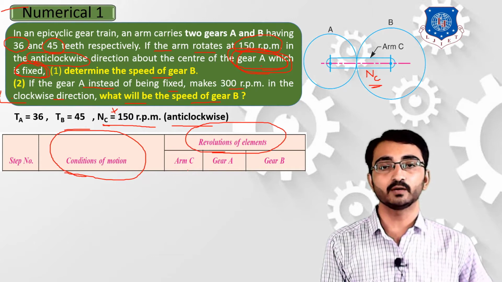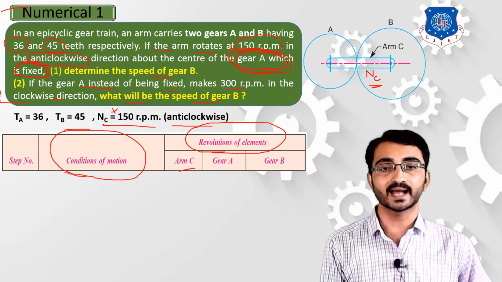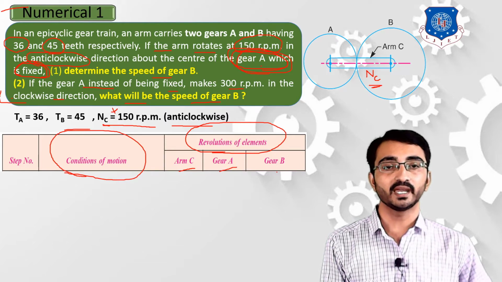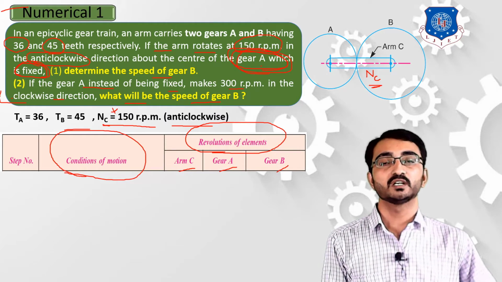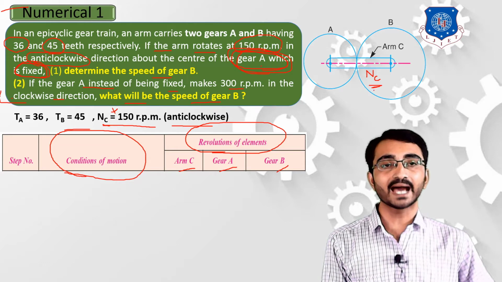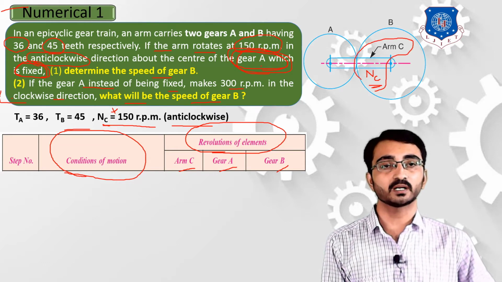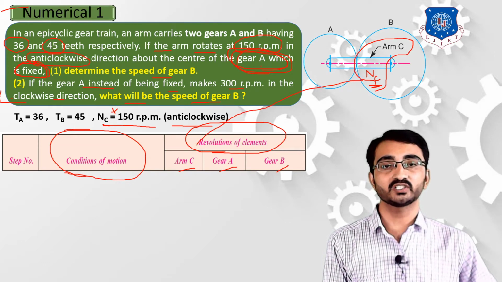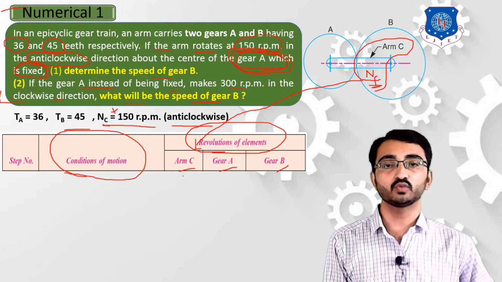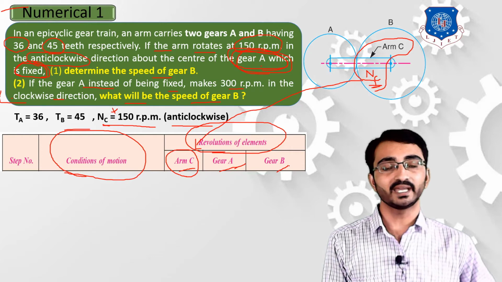Here we have three elements: first arm C, then gear A and gear B. Remember students, we will always keep our arm component as the first component. Whenever you are sketching this table, first consider your arm column, then you put gears in any sequence.